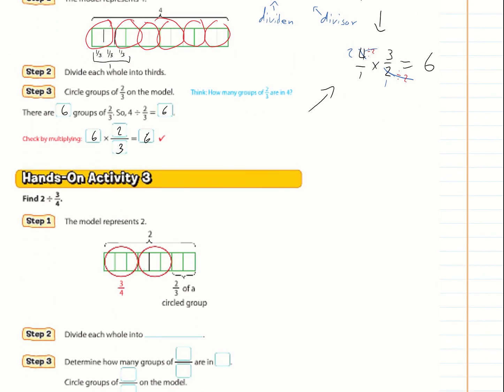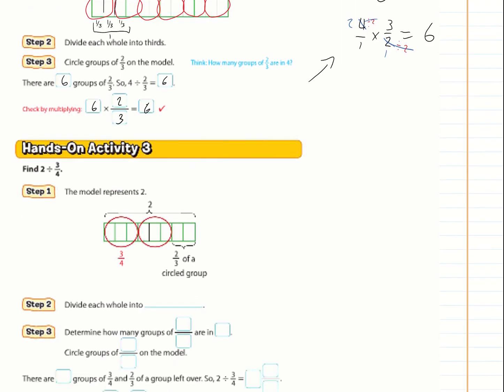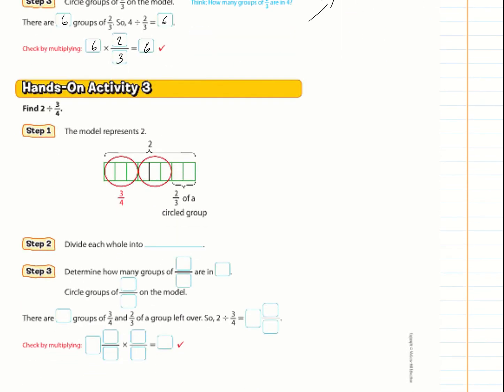So we're going to try hands-on activity 3. This is 2 divided by 3/4. This model represents 2, and then we have it divided into fourths. So this is 1, and then a fourth. And they circle 3/4, circle 3/4. But now I have 2/3 left over. So we divided it into fourths.